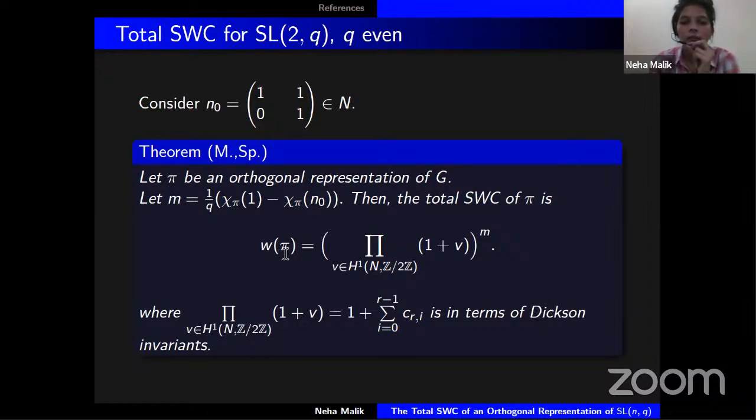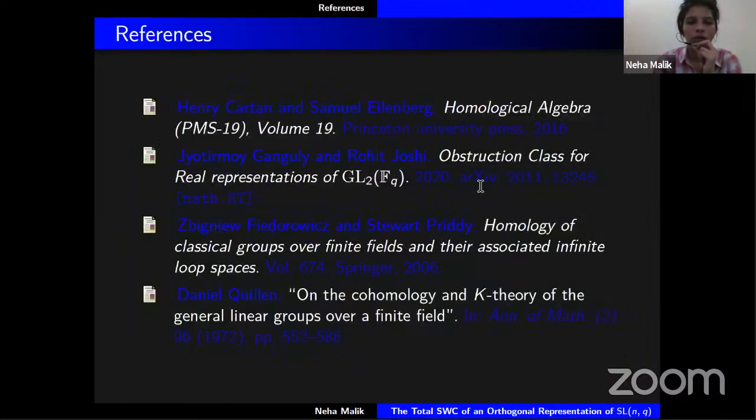So here W pi is a product of these 1 plus V, where, from the theory of Dixon invariants, this product is actually 1 plus the summation of all the Dixon invariants. And also again we have a character formula for this coefficient n. So with this theorem, I would like to end my talk, and thank you all for your attention.